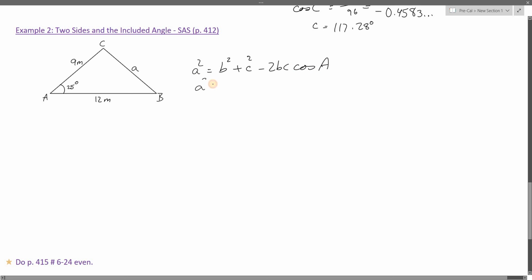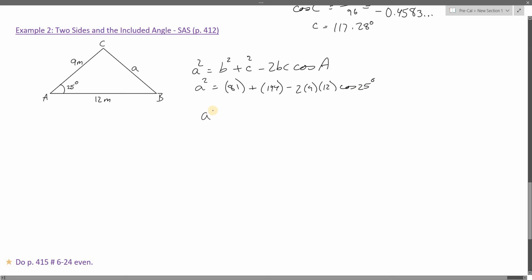So A squared is equal to, and we just plug stuff in. So B is 9. Let's go ahead and just do this. 81, 9 squared, plus C squared is going to be 144, minus 2 times 9 times 12, cosine of, in this case, 25 degrees. Okay, it's that simple.